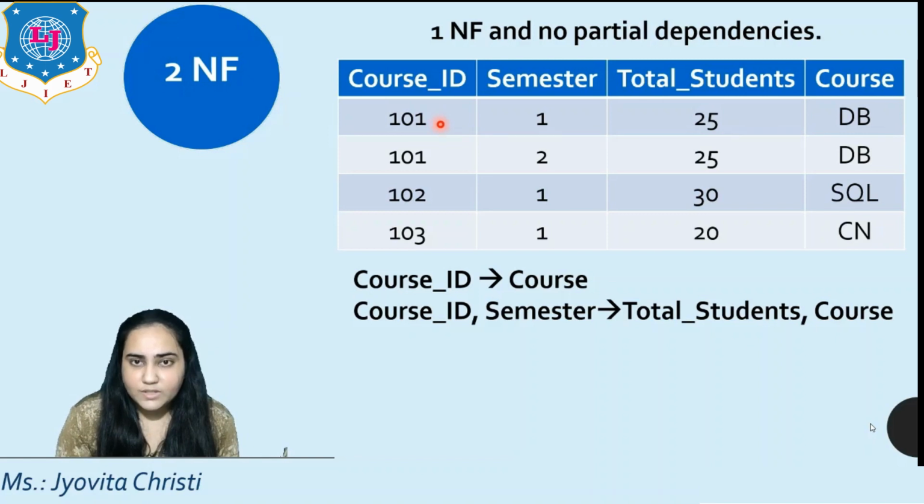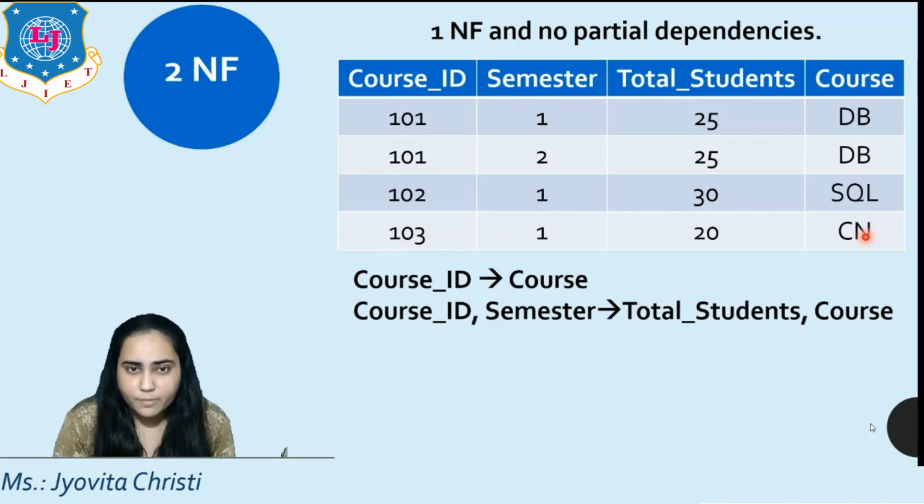Then you have 102, and if I ask you what is the course, you are going to tell me that the course is SQL, because 102 is again coming only once, and it's coming with SQL. And if I ask you what is 103, then you'll tell me it is CN. So this is all very simple. You can directly tell me from the course ID which course it is.